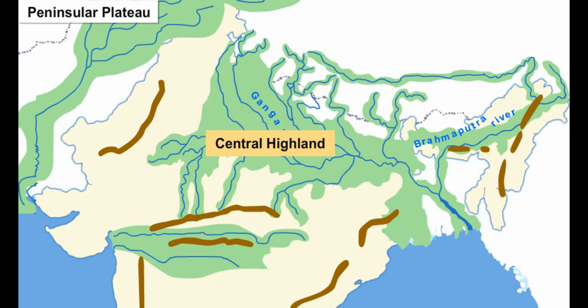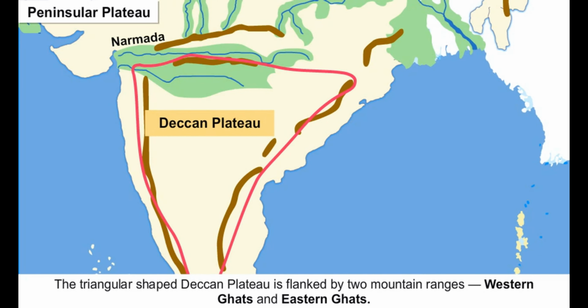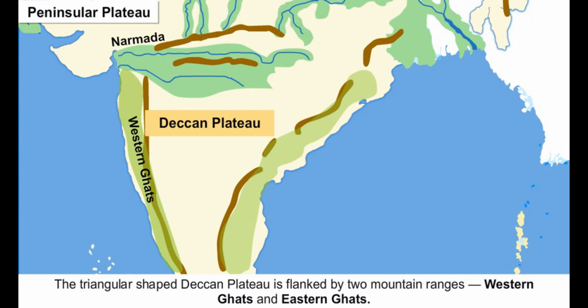The Central Highland lies to the north of river Narmada. It includes the Aravalli Range, Malwa Plateau, Chota Nagpur Plateau and some parts of Vindhya Range. The triangular-shaped Deccan Plateau lies to the south of Narmada and is flanked by 2 mountain ranges, Western Ghats and Eastern Ghats.